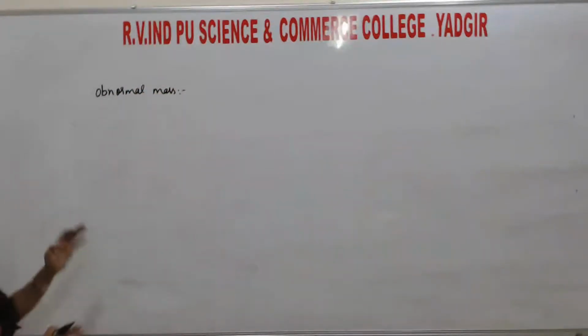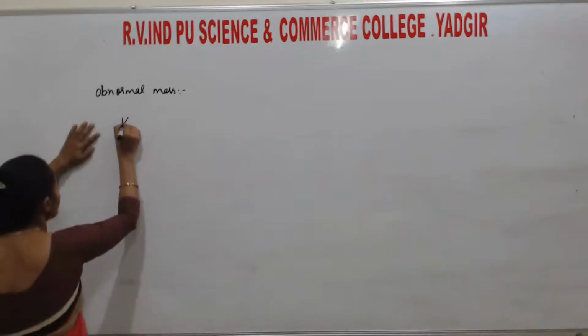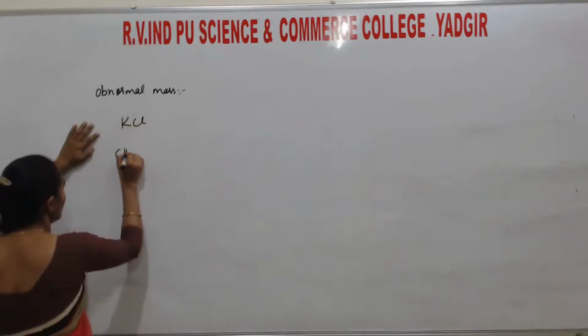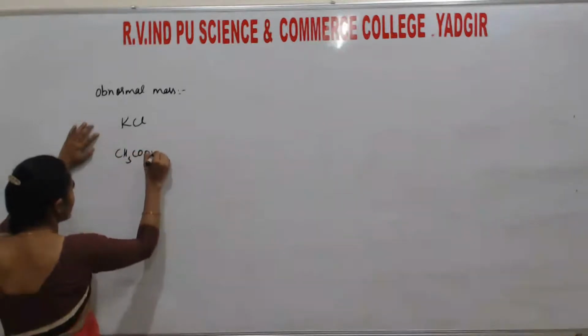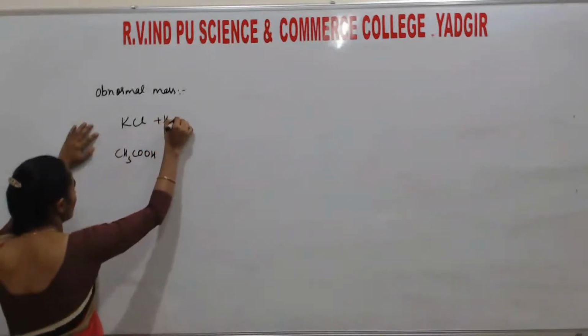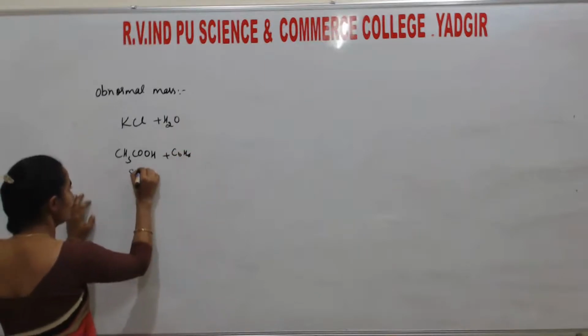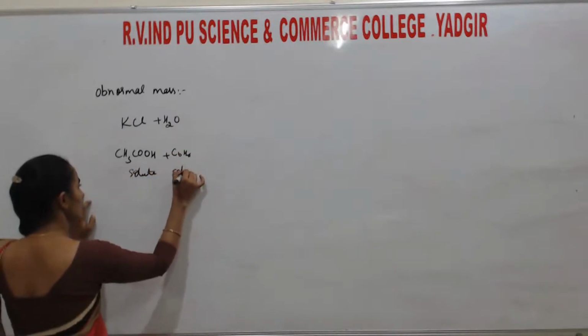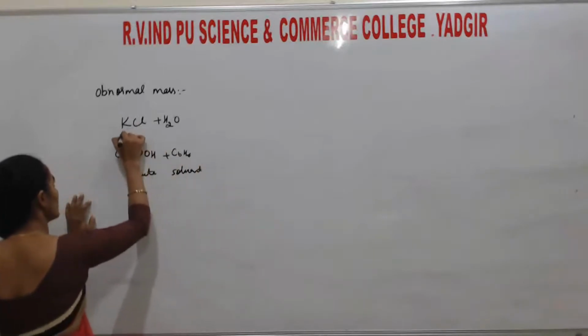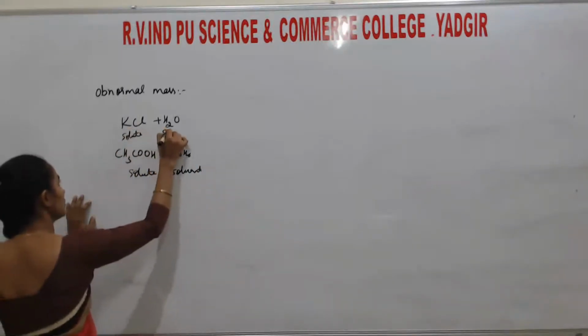So what is this abnormal mass? For example, consider KCl and CH3COOH. KCl in water, CH3COOH in benzene. Here this is solute, this is solvent.